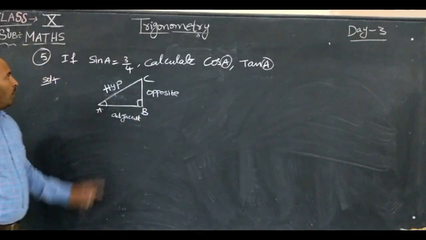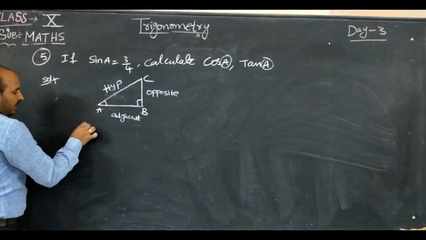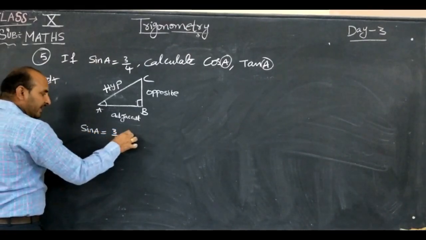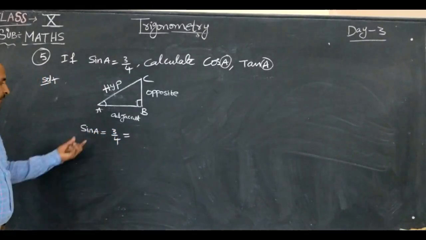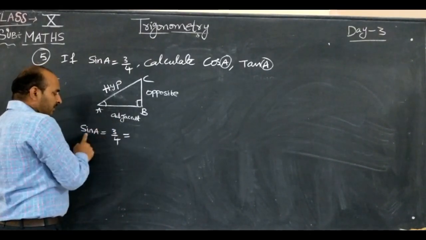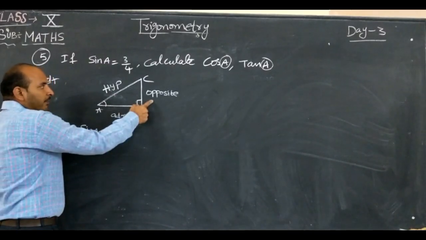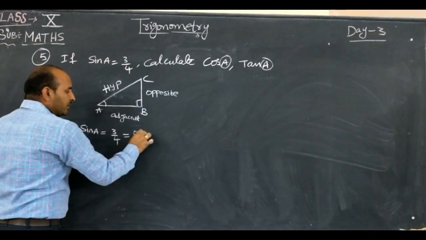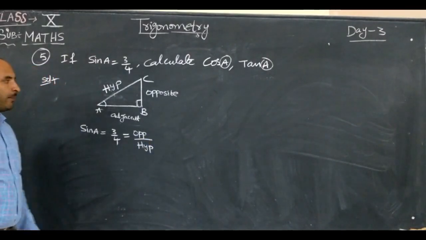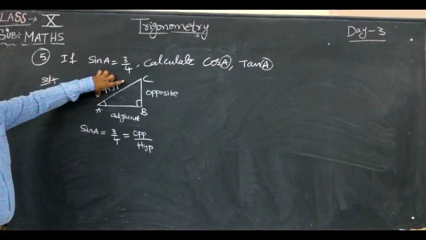So now in this condition, sin A is equal to 3 by 4, and the sin A formula is opposite side by hypotenuse. But we don't know the AC side.